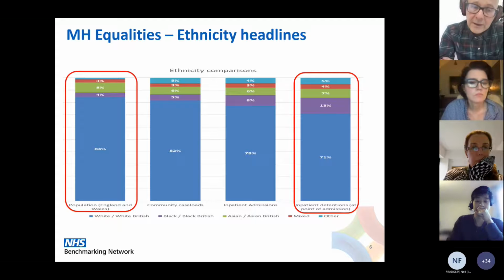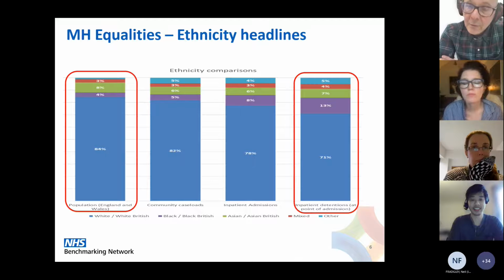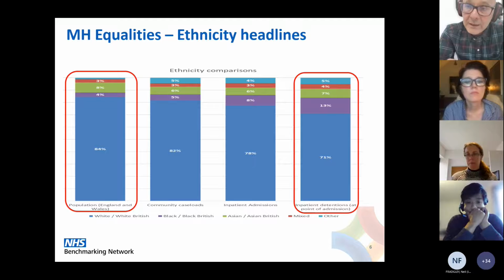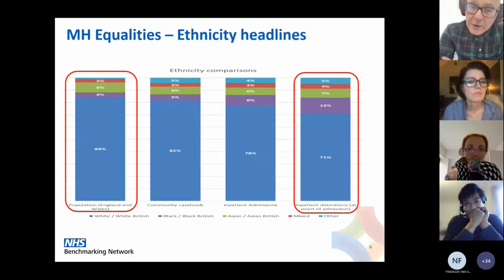So the way the chart works is that the left-hand side is the background population of England and Wales, and basically 84% of people identify as being white or white British, 4% in purple, black or black British, 8% Asian or Asian British, 3% people who identify as mixed race, and I think it's 1% people of other ethnicities. The second column along shows what national CMHT caseloads look like.